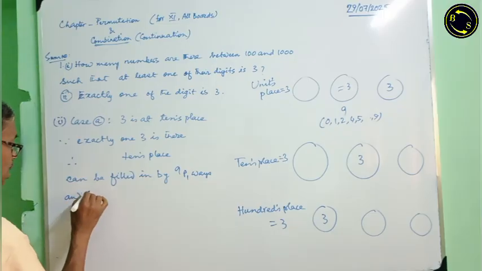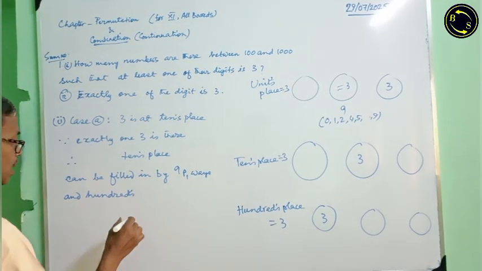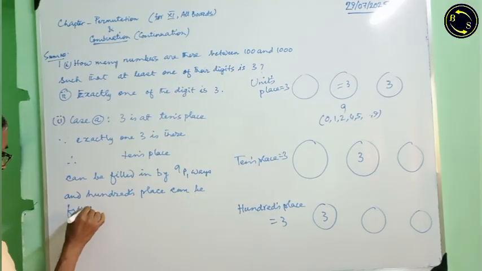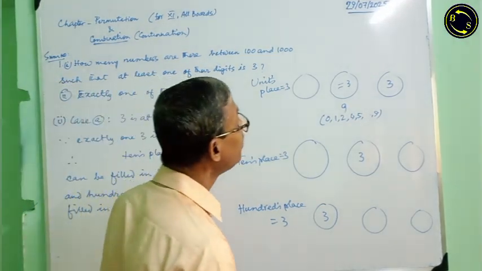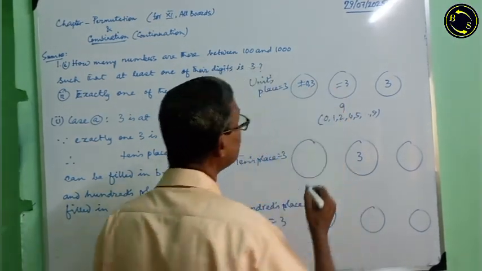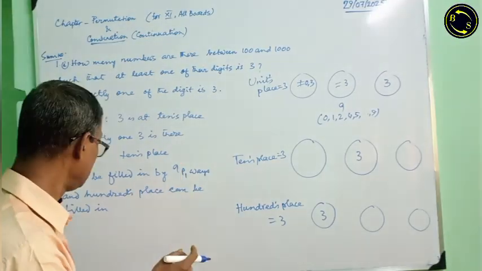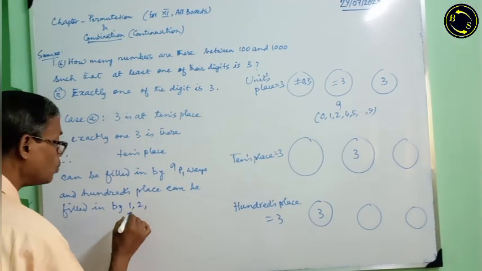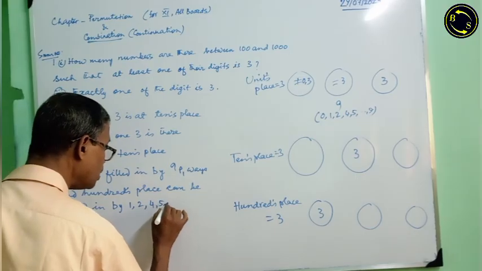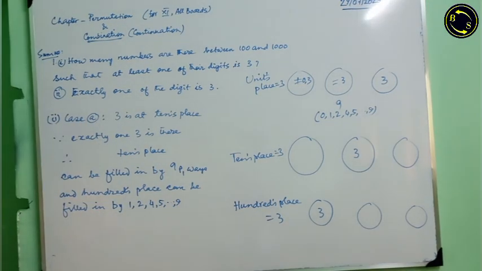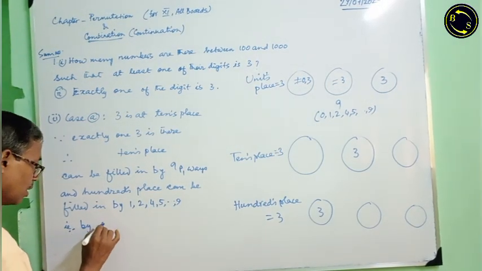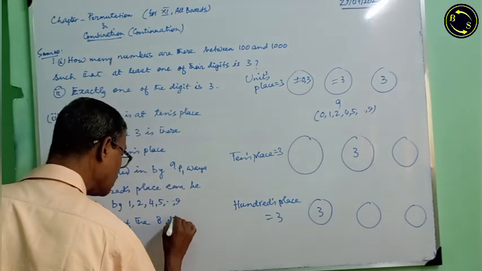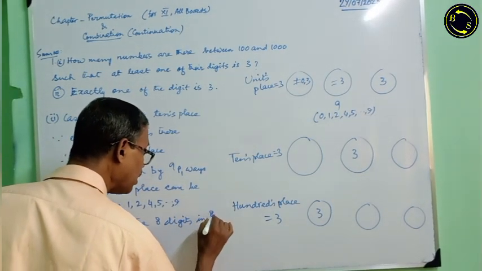And the hundreds place cannot be 0 or 3, therefore it is filled in by 1, 2, 4, 5, and so on, that is any of the 8 digits, in 8p1 ways.